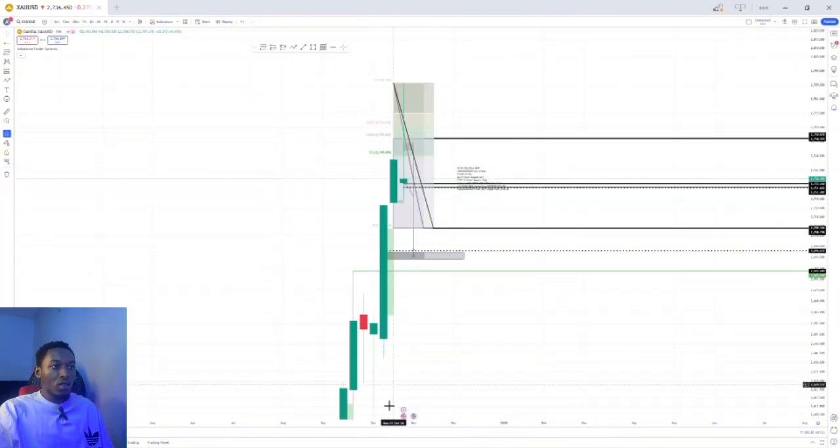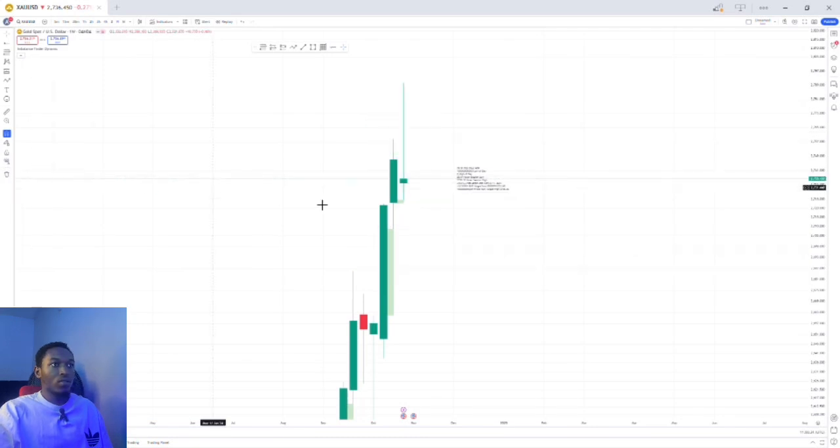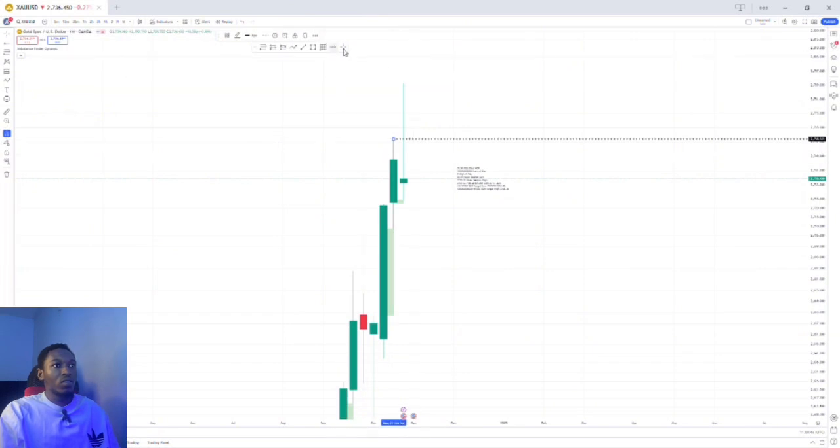So you see, on the weekly time frame, this was a sweep. The previous week range high was located at this area, and the range low was located at this area.